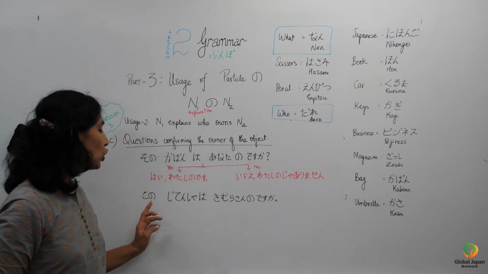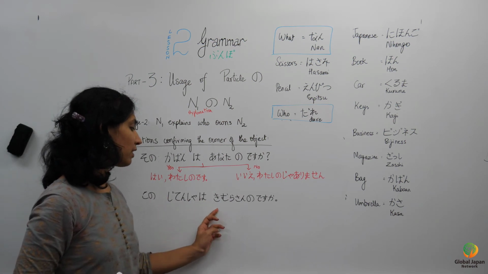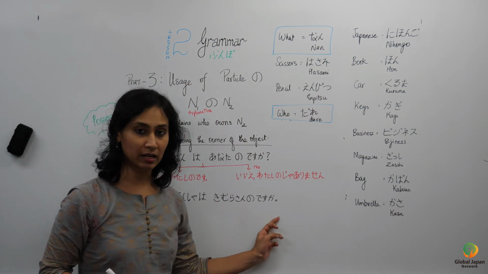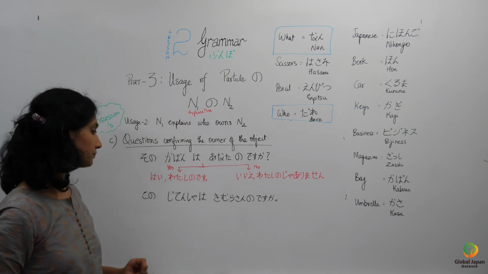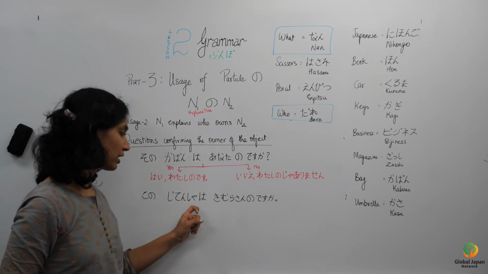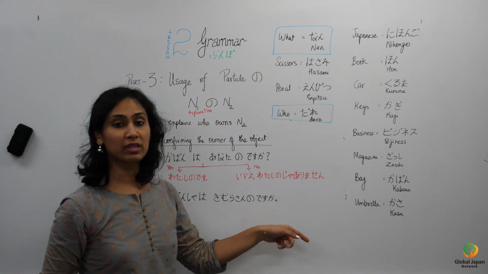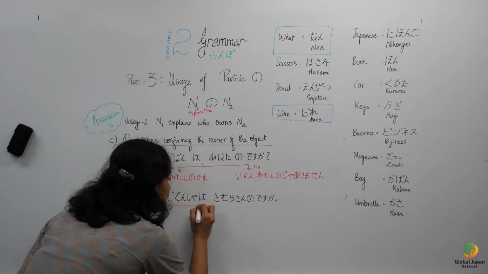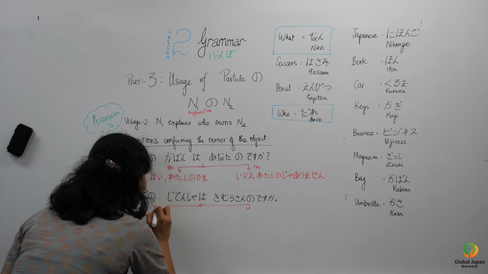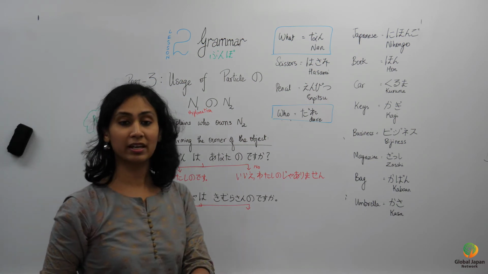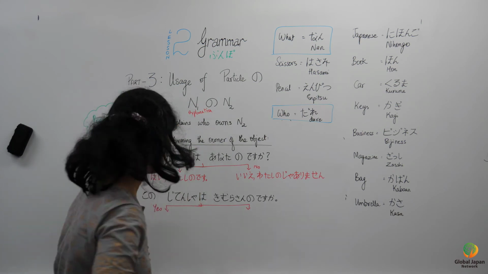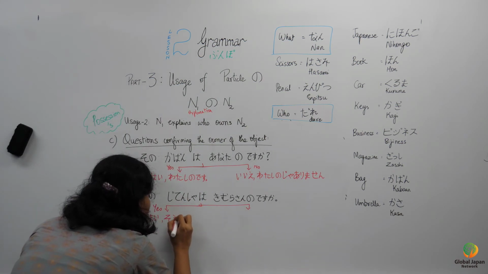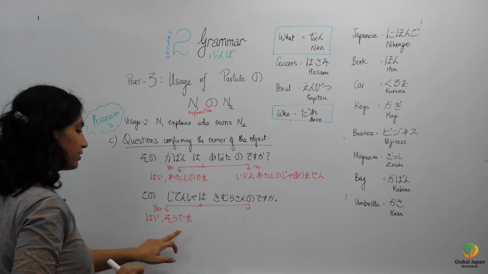Next one. Kono jitensha wa Kimura-san no desu ka? Jitensha means bicycle. Kono jitensha wa Kimura-san no desu ka? Let's say if you're going to tell yes. Yes, that's right. This is going to be your answer. Yes, that's right. Hai. So this.